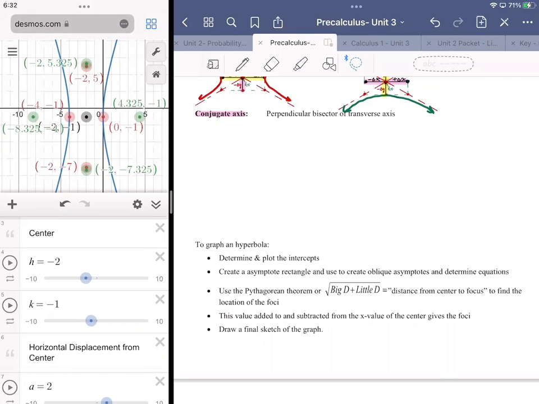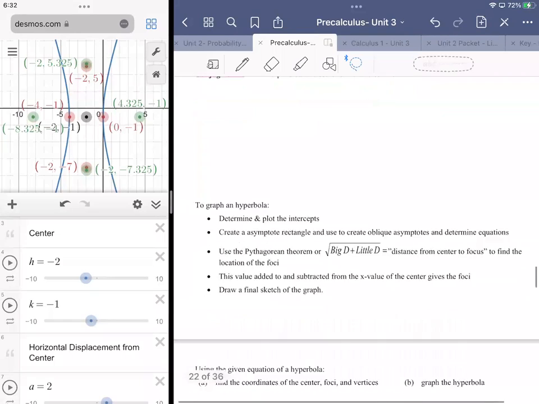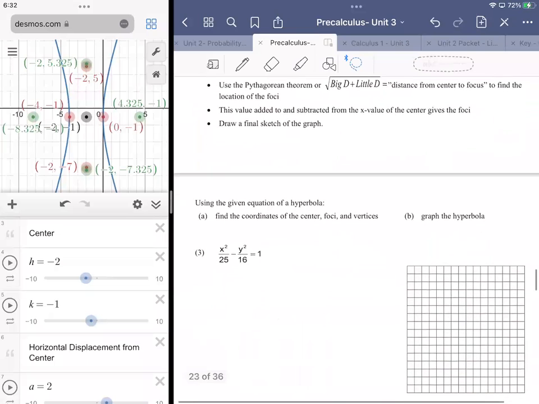Another relationship that I kind of bored you with deriving last time, so I figured I'll just give it to you this time. But really, the distance from center to focus is the square root of those two denominators added together. As long as you do that, you'll know what the distance from center to focus is. So it's pretty easy.